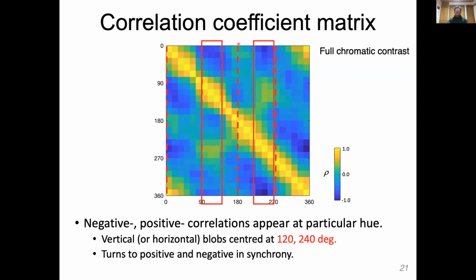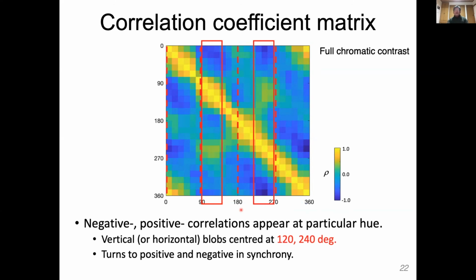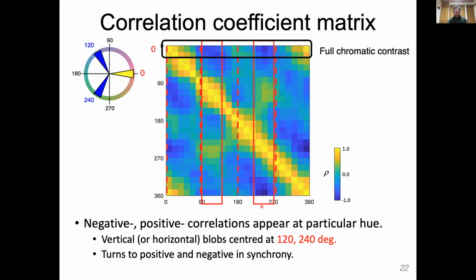Another clear bright-dark repetition can be found around 0 degrees or 180 degrees, and probably these two correspond to the L minus M system. Let us take a look at this 120 and 240 system in more detail.